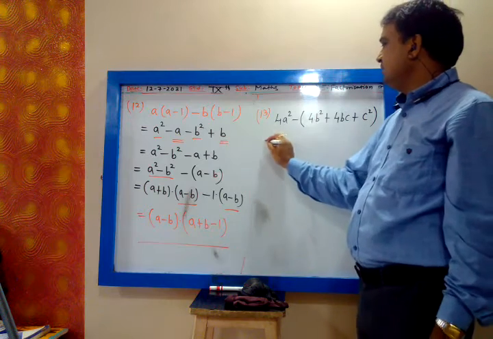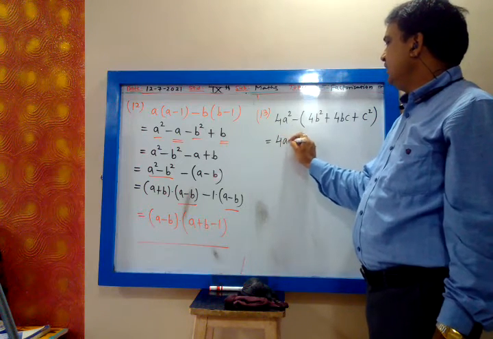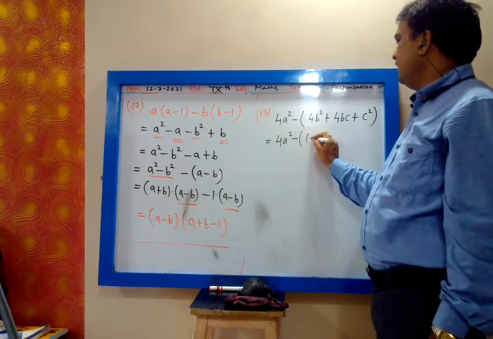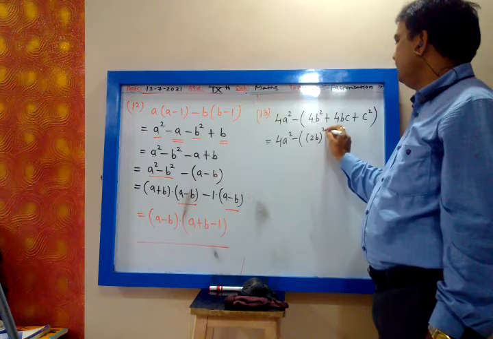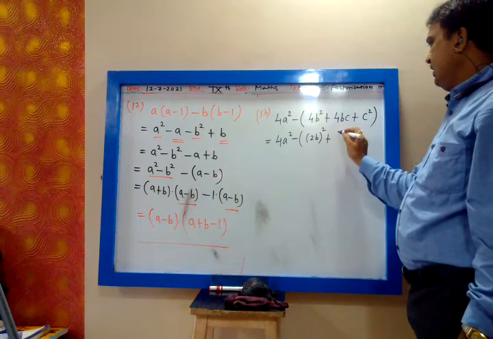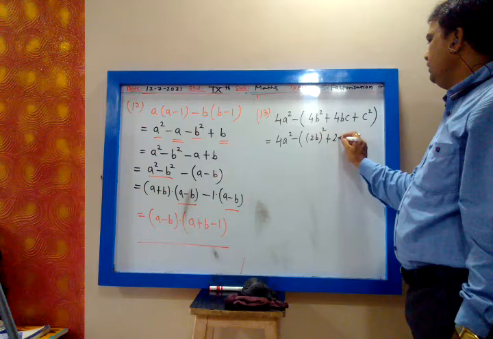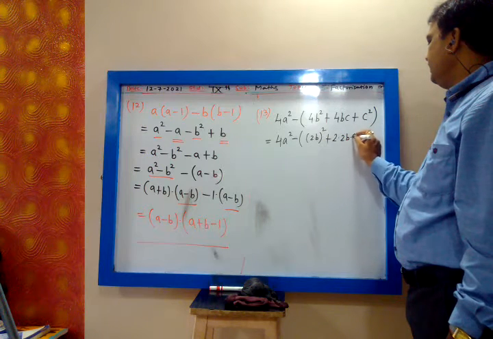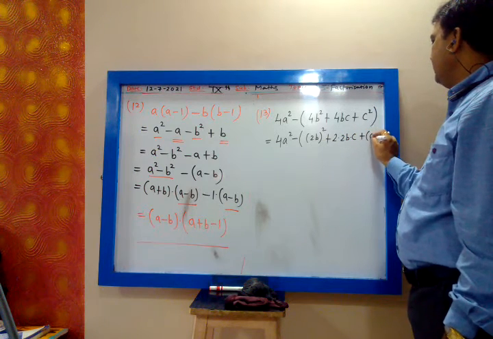Let us see what it is. 4b square I can write as 2b whole square, plus 4bc I can write as 2 into 2b into c, plus c square.